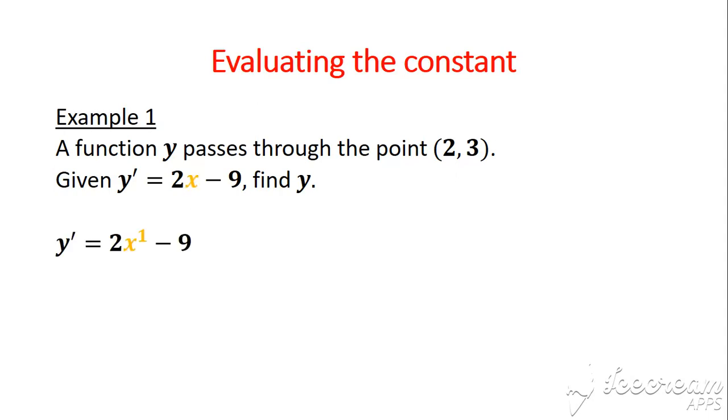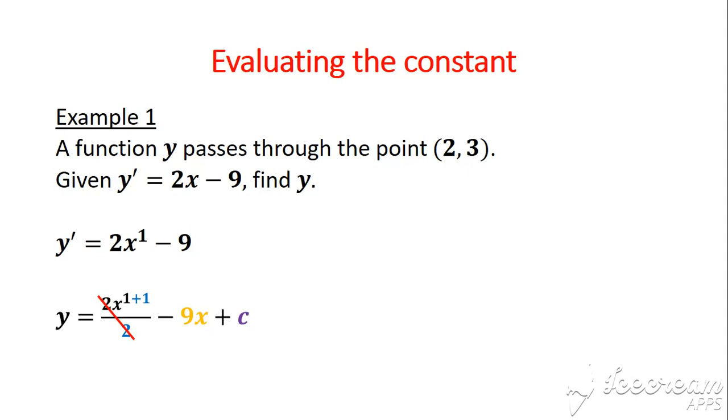Well, this is a gradient function, so we have to anti-differentiate it back to the y function, the graph function. You need to remember that the x by itself is x to the power of 1, so let's anti-differentiate. We add 1 to the power to make it x to the power of 2, and then divide by the new power of 2.